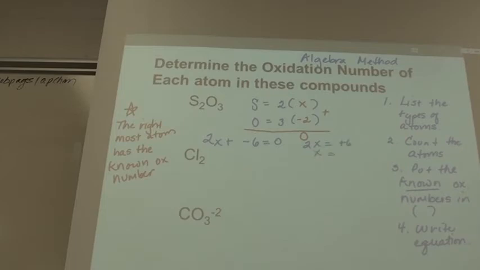X is equal to plus 3. It's very important that you always put the plus signs. So now putting the oxidation numbers, we have plus 3 and -2.